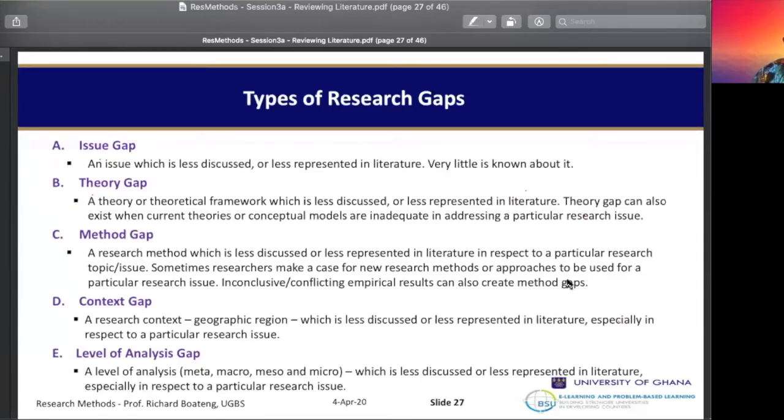Or even sometimes the perspective that we look at in terms of our respondents. Somebody does a study and just looks at male perspectives of the issue, doesn't look at female. So now you're realizing that they didn't look at the fact that females could also have a different view. Or somebody just looks at gender as a whole and finishes the study, but couldn't tell us that there could be gender differences in the phenomenon studied.